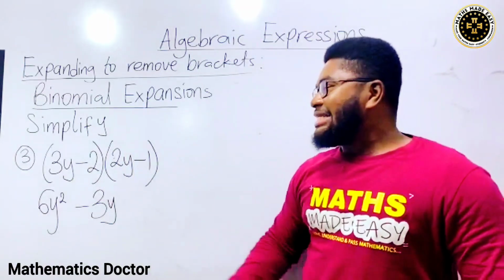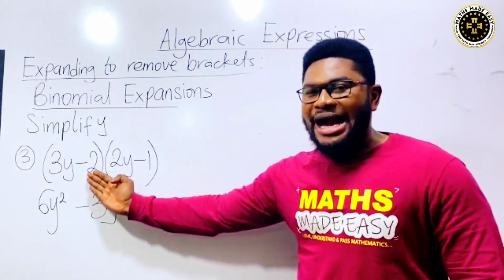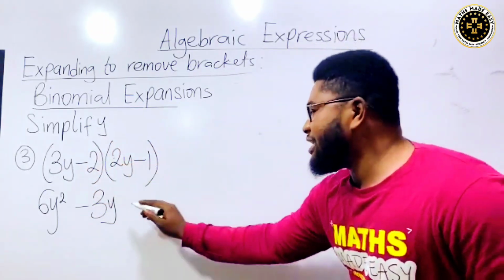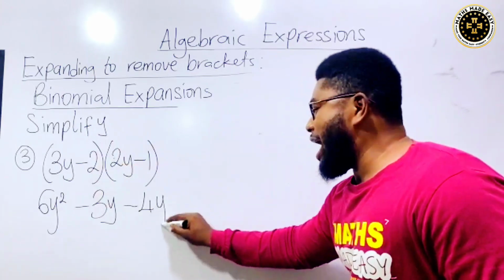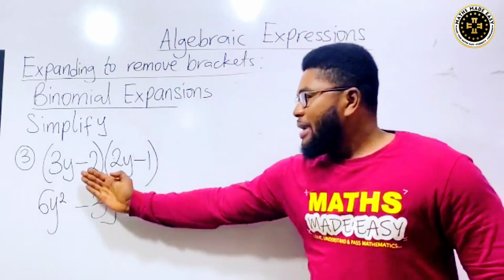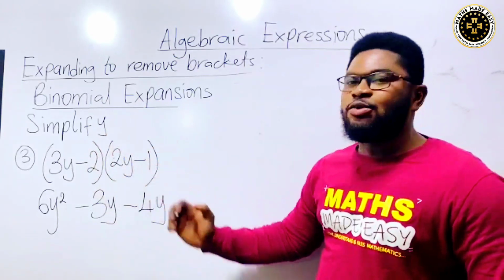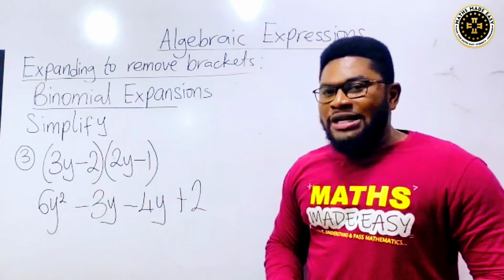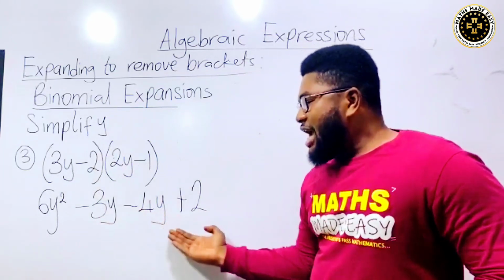Now let's go to the second term in the first bracket, which is minus 2. It will multiply positive 2y, giving us minus 4y. Then finally, minus 2 will multiply minus 1, giving us positive 2. Automatically, there are like terms here and they have been grouped.